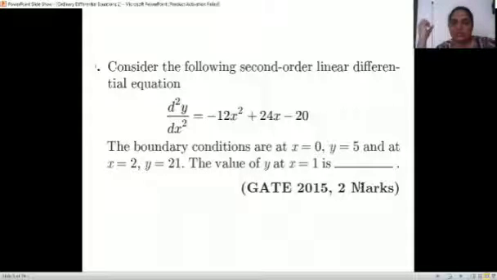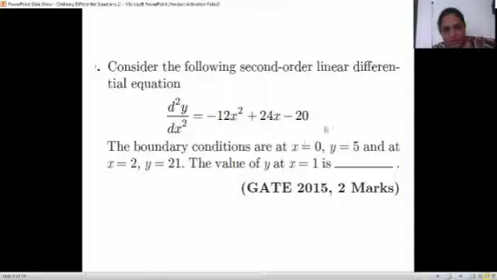Which case is this? Which type of function is the right hand side function? Which case do you have to use? As we have already seen, there are 7 cases in LDE.